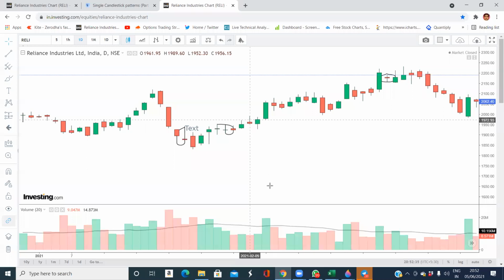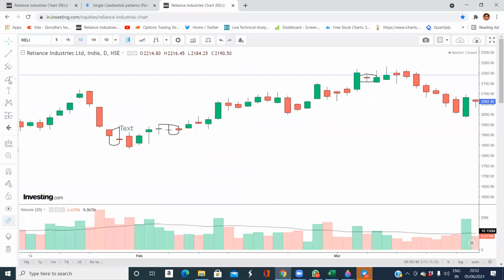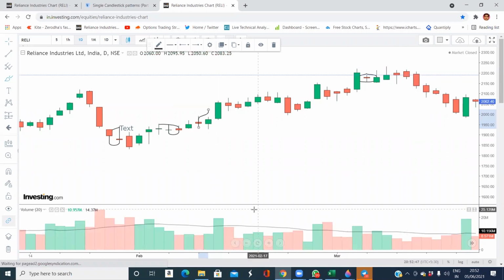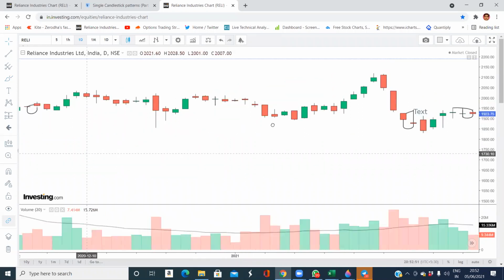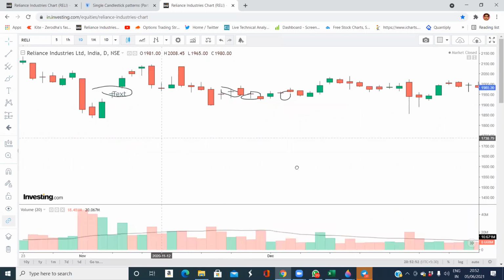Here is a gravestone doji candle. You can consider this one. Another one is a gravestone doji.